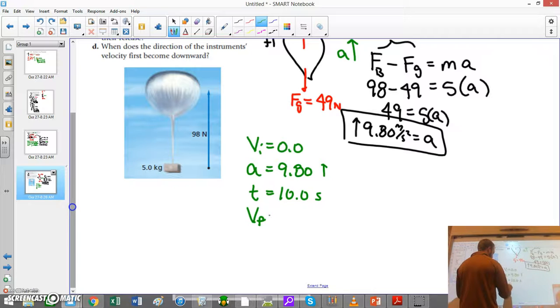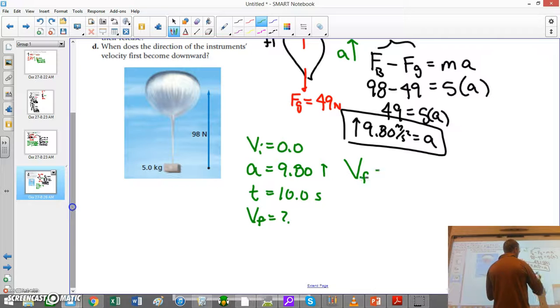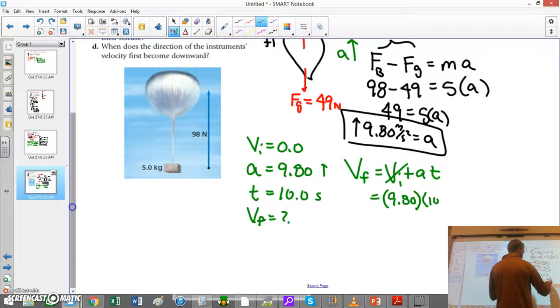How fast are they going? So you're going to use this equation, VF equals VI plus AT. This is 0. The acceleration is 9.80, and the time is 10. So that just comes out to 98 meters per second.